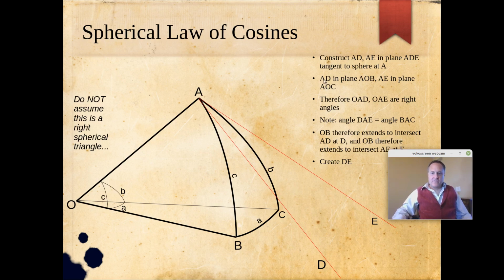So let me go through this. AD is in plane AOB and AE is in plane AOC. Now, what that's saying is that this line, AD, is coplanar with this whole wedge here off to the side. AOB is a plane, and this plane also extends to contain the line AD.